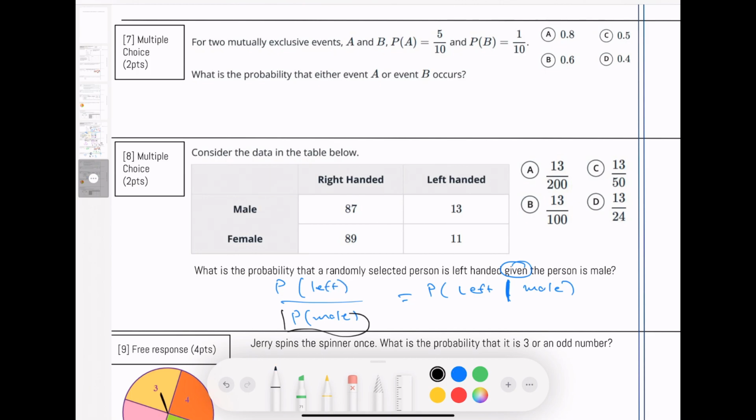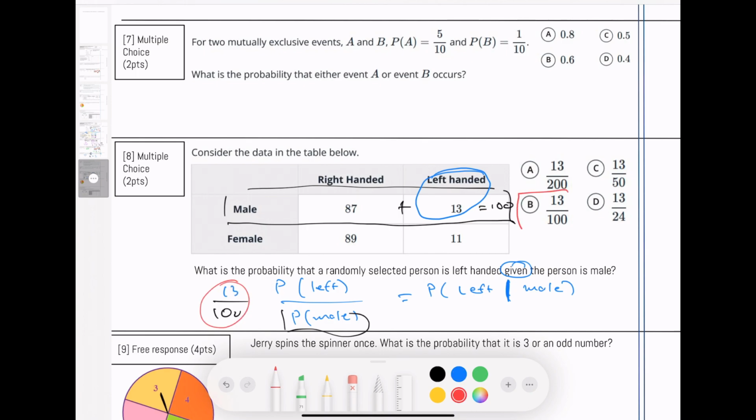So males, if you add those together, you will get 100. So there are 100 males. And then given that they are male, how many are left-handed? So that would be 13 out of 100. And that would be choice B.